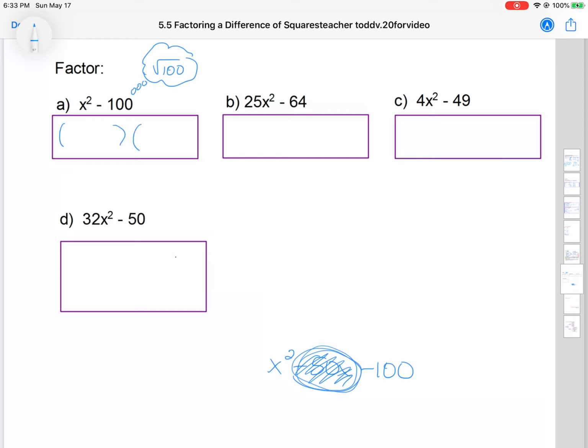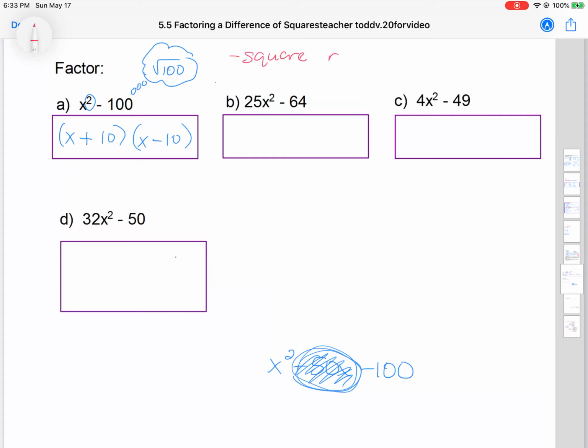So can I square root 100? Yes. So then what's the square root of 100? 10. Because we're dealing with quadratics, the first term is always going to be an x. It's always going to be x squared in grade 10, okay? So that makes your life a little bit easier. And then you just have to remember, make one plus and make one minus, okay?